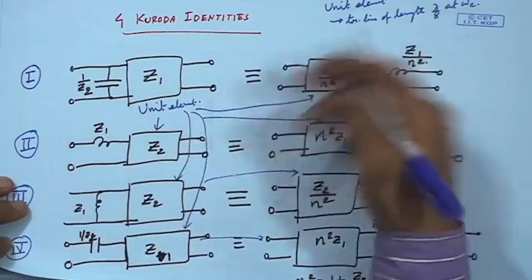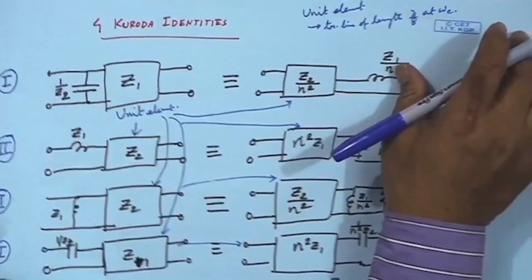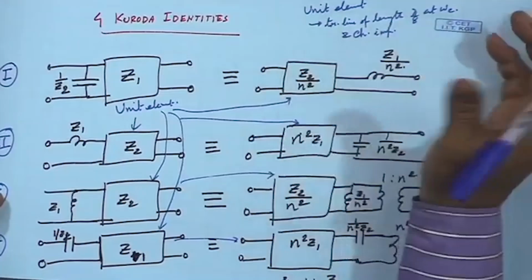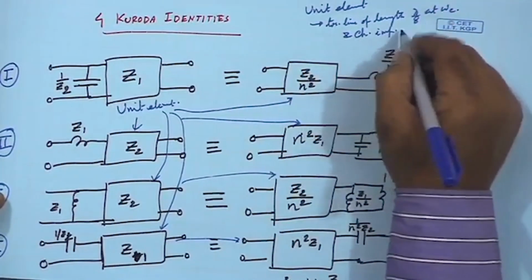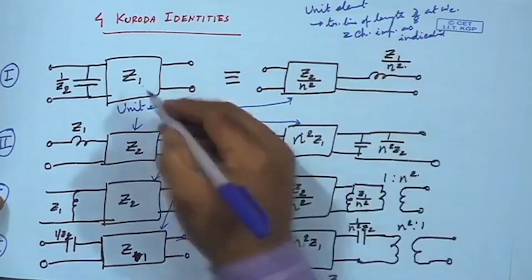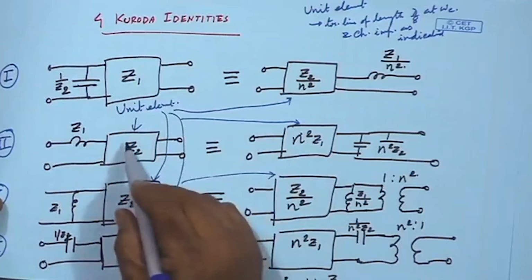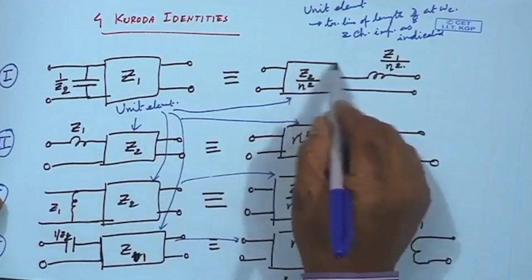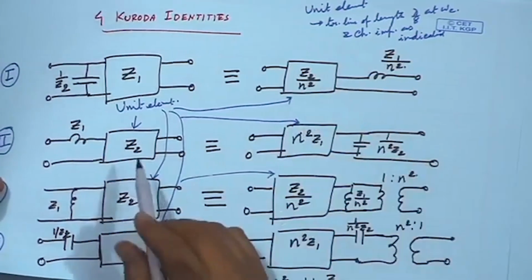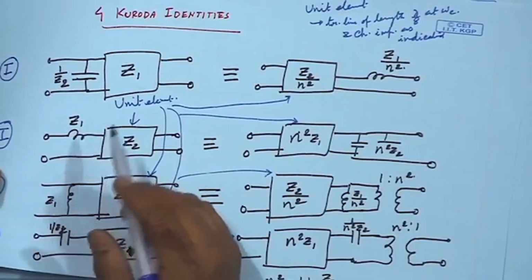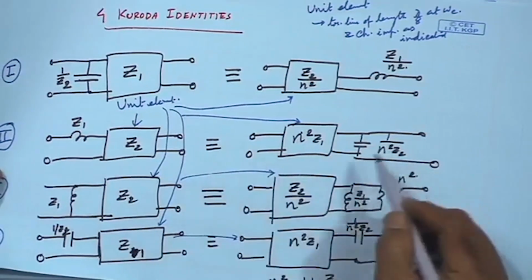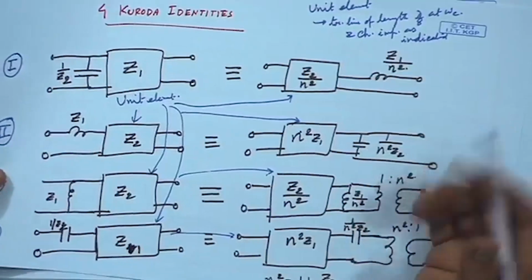Same as what we have already seen in the Richards transformation case, where the characteristic impedance was L or C. Here the characteristic impedance is as indicated in the identities. So, Z1 is the characteristic impedance of this box, Z2 is the characteristic impedance, Z2 by n square is the characteristic impedance, etc. And a lumped inductor represents a stub of short circuit and a capacitor represents a stub of open circuit respectively.